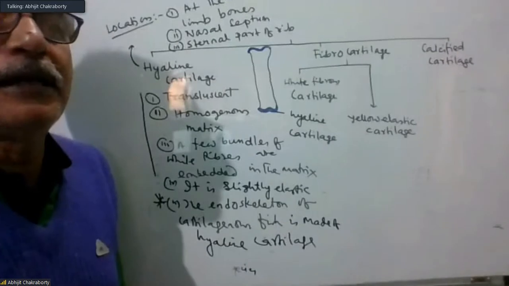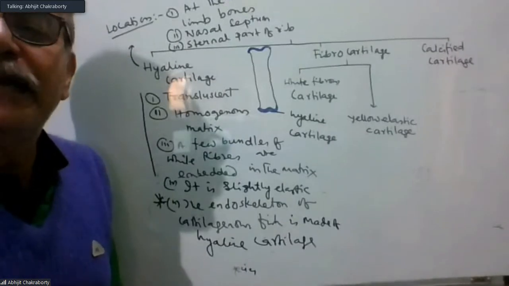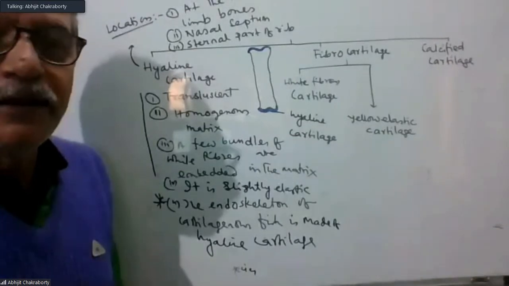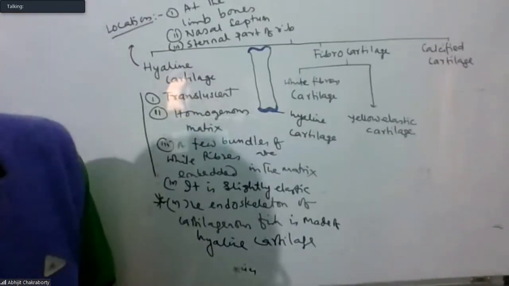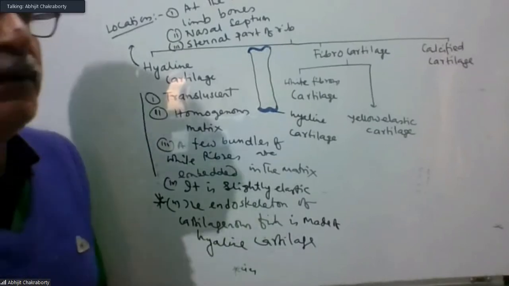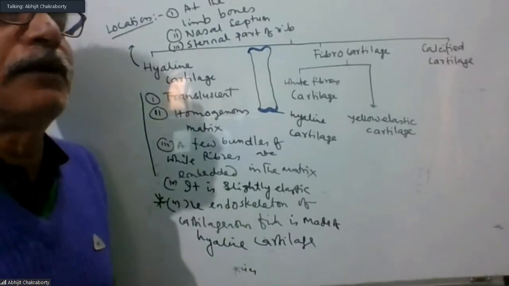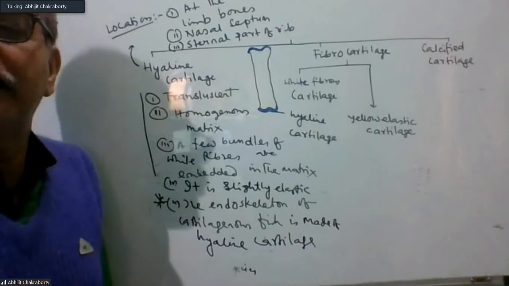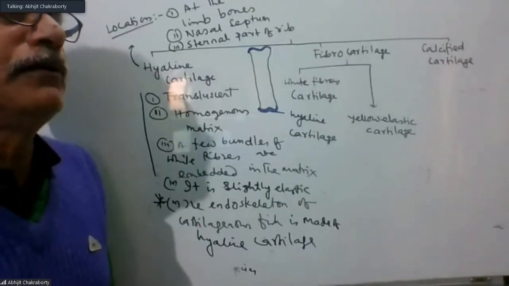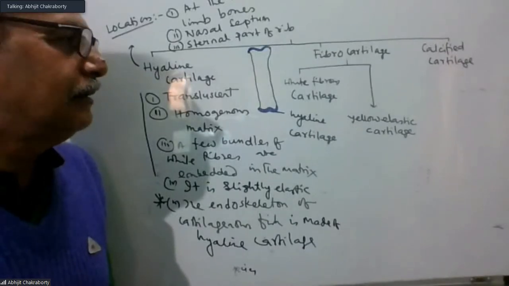The embryonic cartilage in vertebrates is mainly made of hyaline cartilage. Are you getting me? The major part of the skeleton of a vertebrate embryo is made of hyaline cartilage.